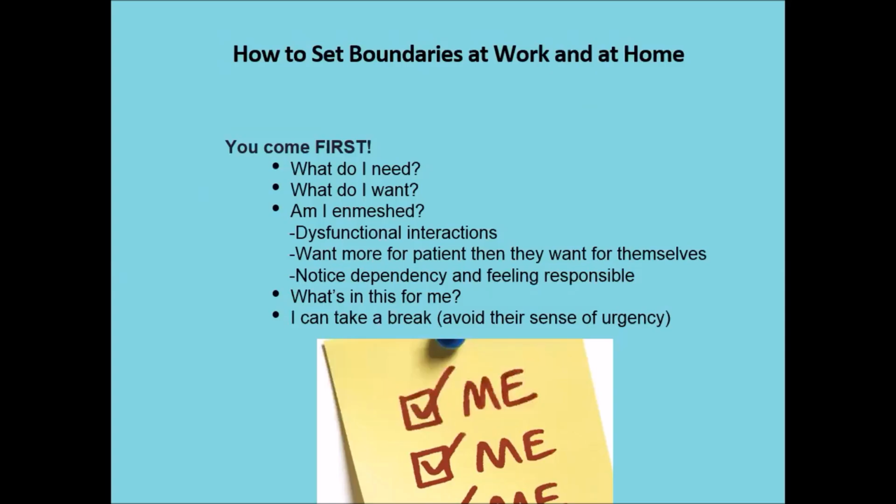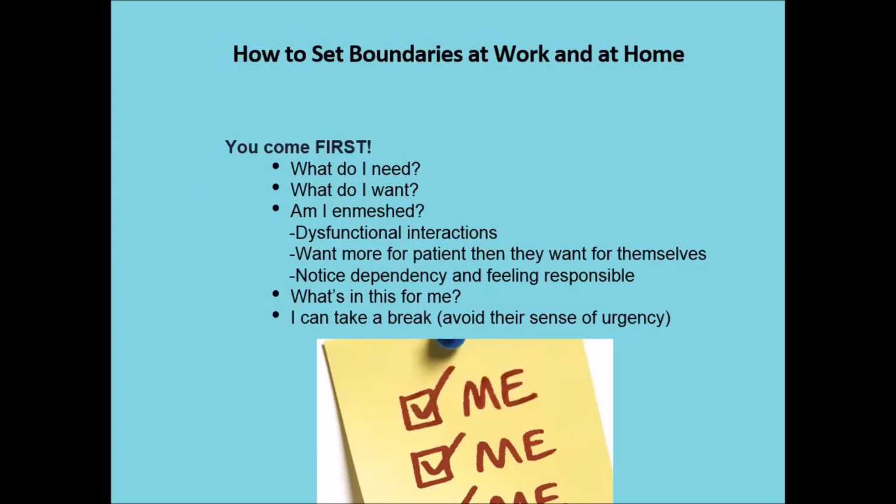I'm responsible. If I changed or got healthy, I would end up abandoning my spouse or abandoning my children. So there's a lot of this justification of staying in an isolated and enmeshed situation in order to keep the status quo.